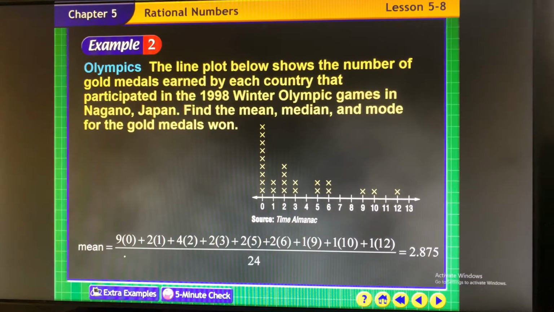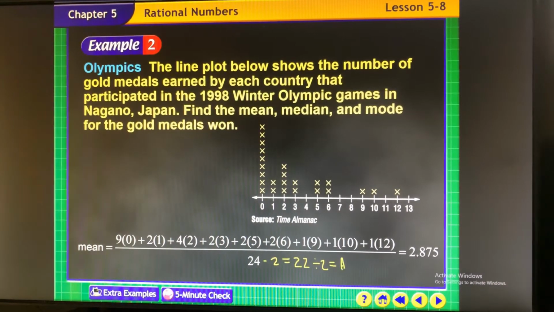That's your mean. Your median is the number that occurs in the middle. So you have 24 pieces of information. That means there's 2 in the middle. So take 2 away from this and then divide that in half. That'll tell you how many X's you should count in.